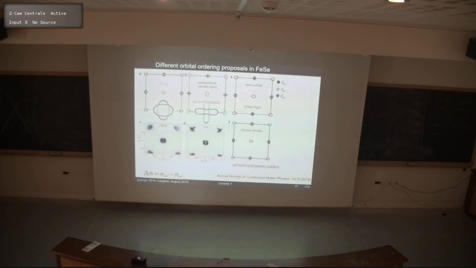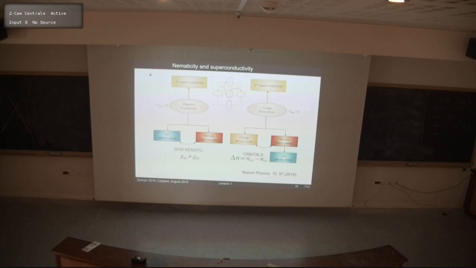Initially, it was proposed that the ferro orbital order, meaning everything distorts in the same direction, is responsible for the observed effects. But lately, it's been found that what you see at the hole bands and the electron bands is quite different. So there is a very strong momentum dependence of these orbital effects, which requires further understanding of the exact order parameter for this orbital ordering.